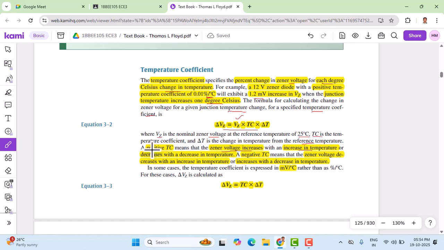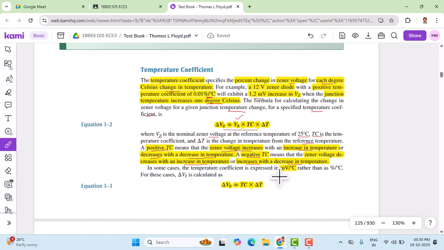A negative temperature coefficient is just the opposite of what we said here. It means the Zener voltage decreases with the increase in temperature, or increases with the decrease in temperature. That is the meaning of a negative temperature coefficient.